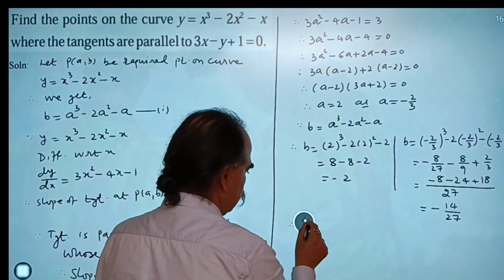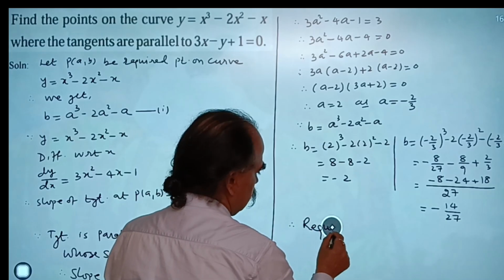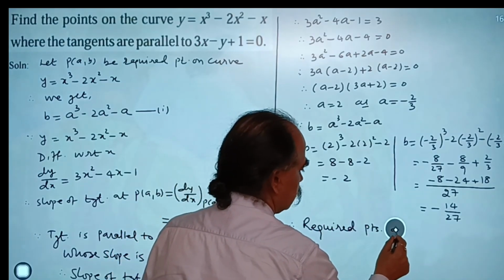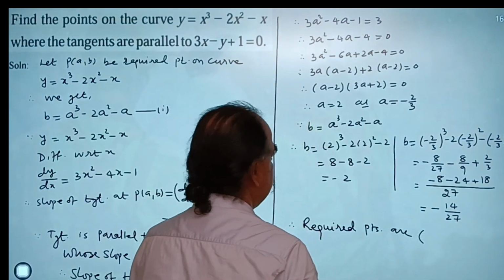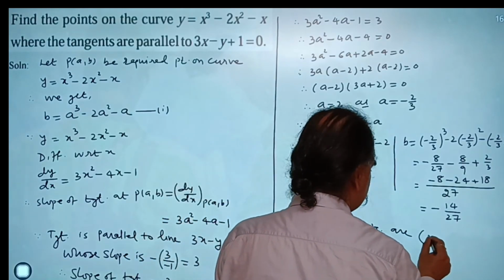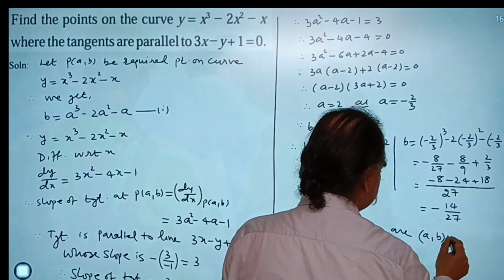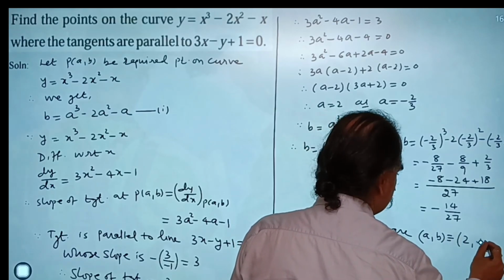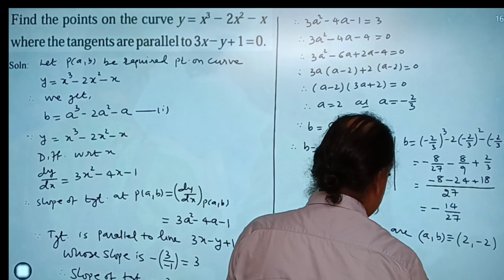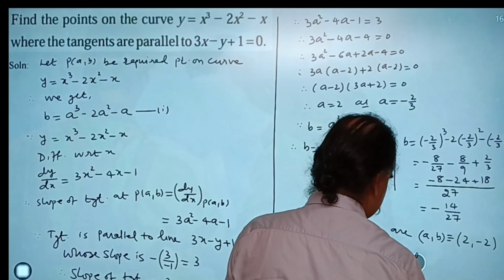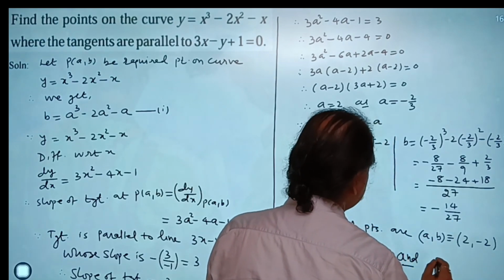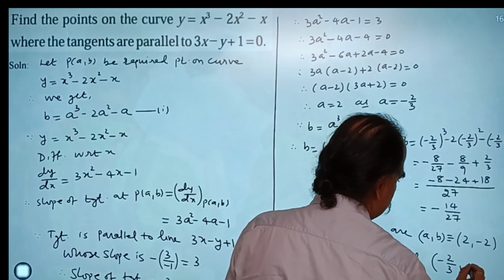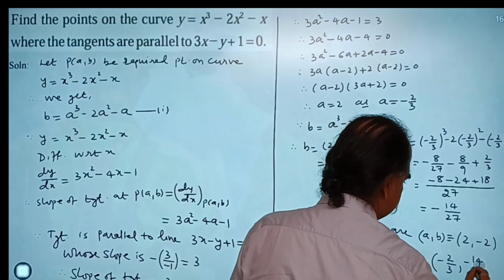Therefore, required points are when x is 2, (a, b) corresponds to (2, minus 2), and the second point will be (minus 2 by 3, minus 14 by 27).